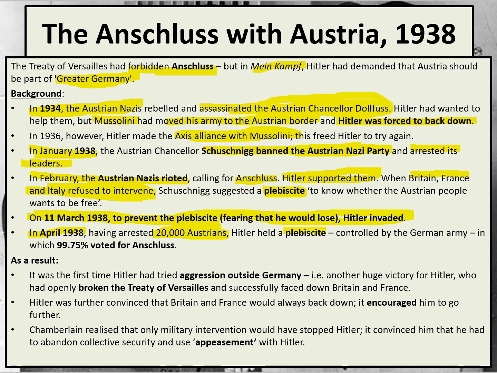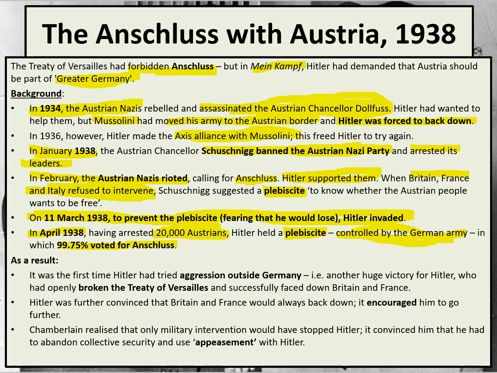He held the promised vote, the plebiscite. This vote was massively controlled by the German army, and out of the people who did turn up to vote, 99.75% voted for the Anschluss. So this was a dramatic and massive victory for Hitler and the Nazis.